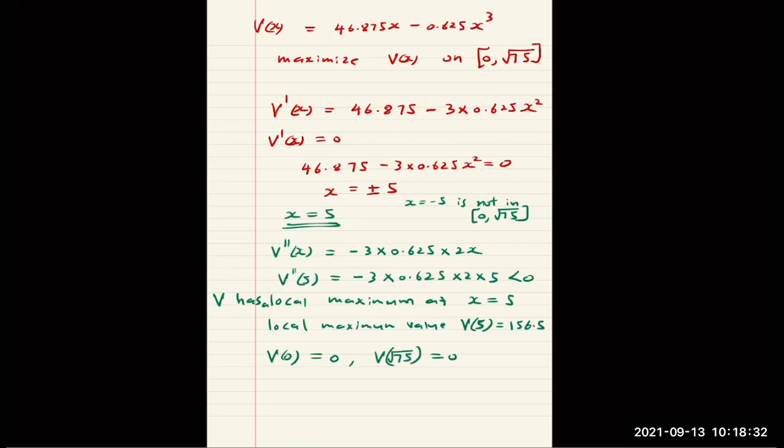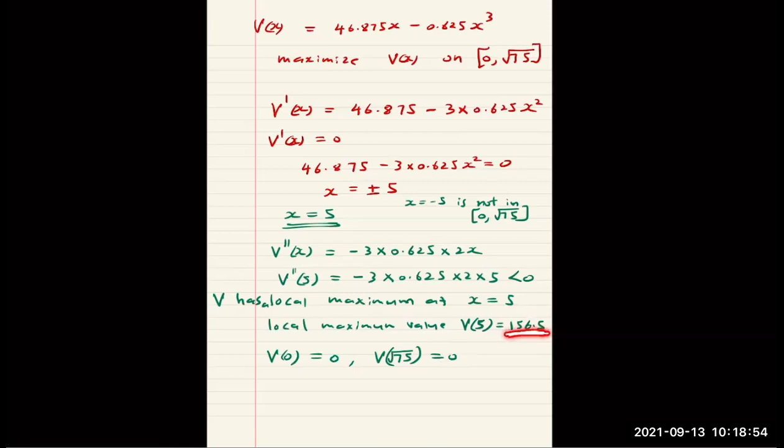Now you are ready to determine your global maximum. As you can see, you compare these values, the values at the closed endpoints. You have y values 0, 0, and then we have a local maximum value of 156.5. By comparing these three values, we see that this is the highest value you can get.